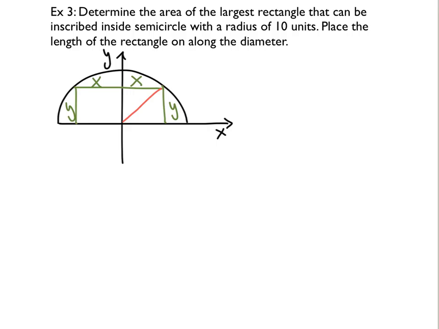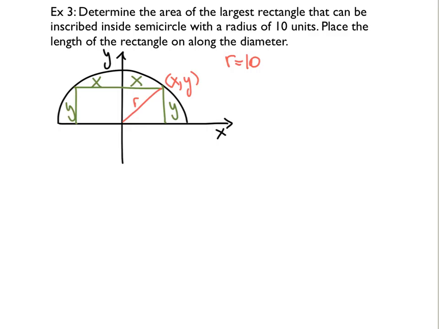Obviously this point right here, we think of this as a Cartesian plane, is going to be x, y, and this value is r, and we know that r is equal to 10 units.